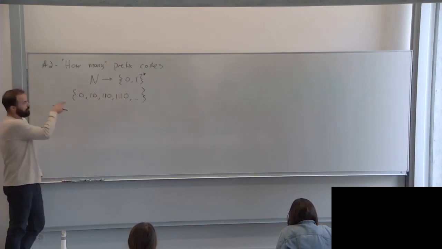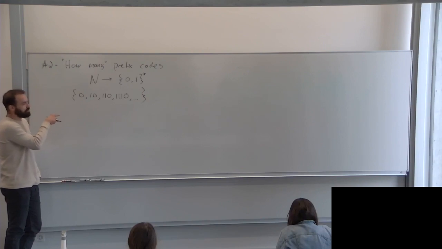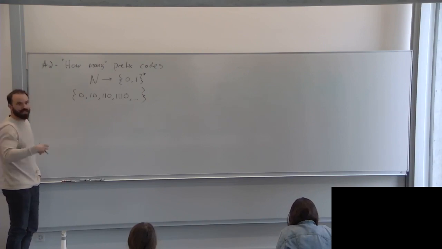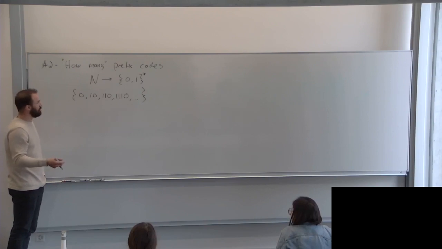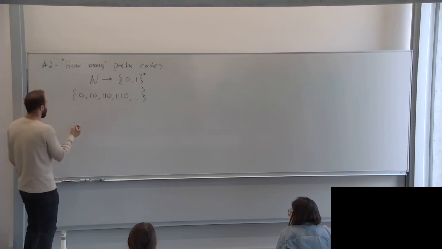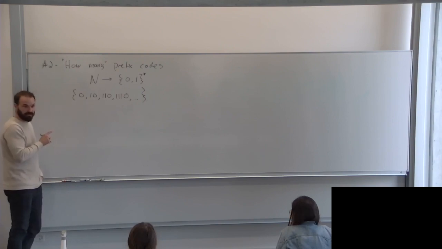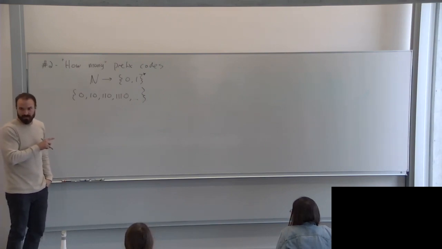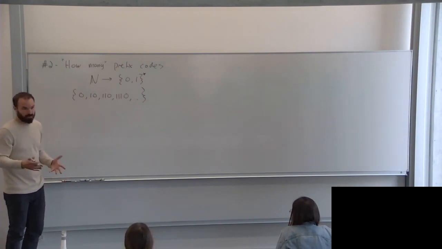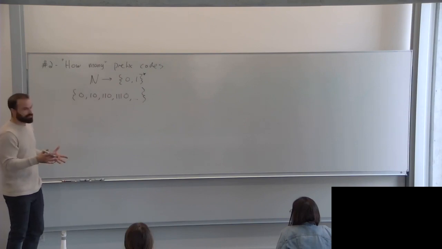And from this set of prefix codes, if I consider subsets of it, I would also have another natural code. So there's 2 kinds of subsets that I can take. I can take finite subsets, in which case I will have not enough code words. But finite subsets don't get me to uncountability.